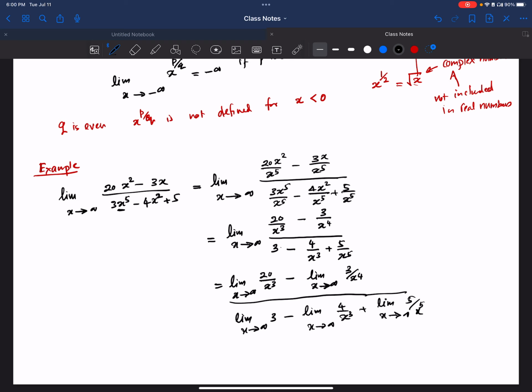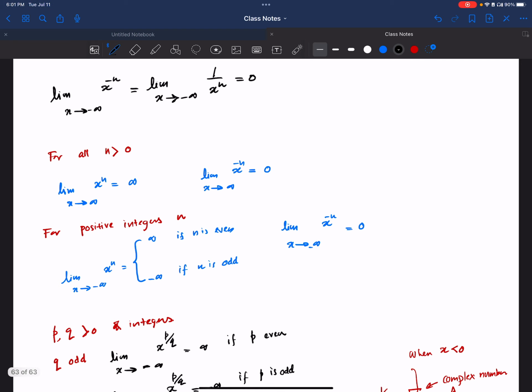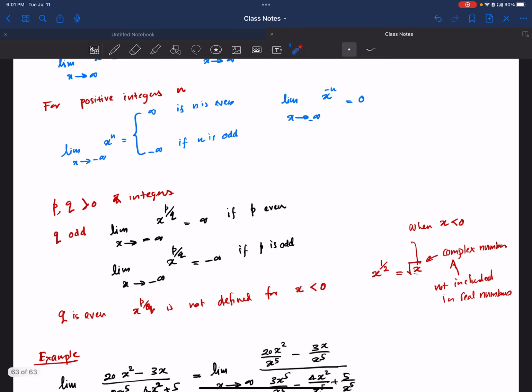Now, 20 is a constant, so you can pull that out. And then 1 over x to the power 3, when x goes to infinity, based on the laws we learned previously, goes to 0. This is where it comes from: negative n is 1 over x to the power n.